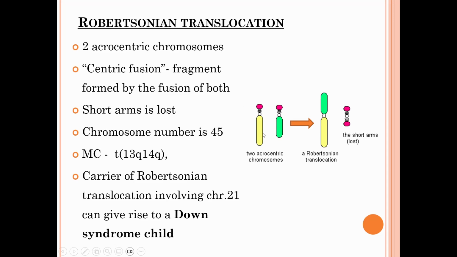You can see this is one acrocentric, this is one acrocentric, the short arm is lost and the long arms of both are joined together, and that is known as Robertsonian translocation. Carrier of Robertsonian translocation involving chromosome 21 can give rise to a Down syndrome child.